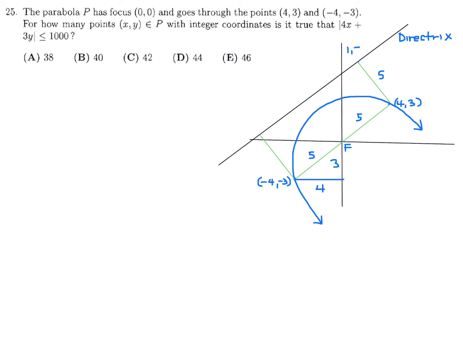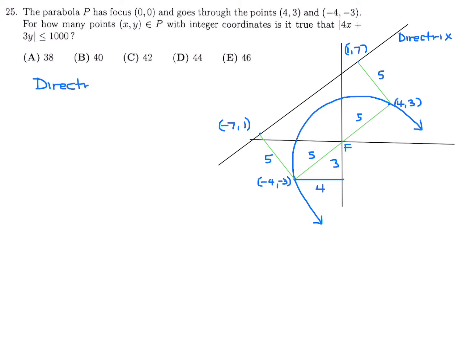In a similar way, since this is a 3, 4, 5 triangle, going up 4 and across 3 from this point gives (-7, 1), right here. So there we go, we got 2 points, and then we can find the equation of the directrix line.